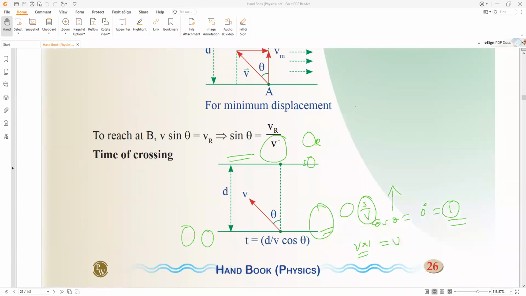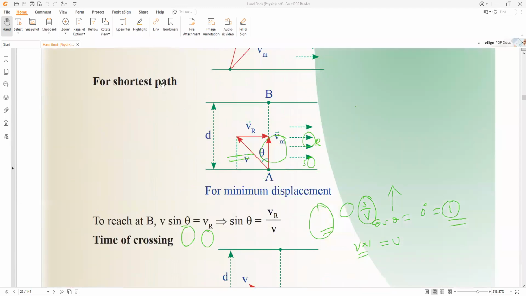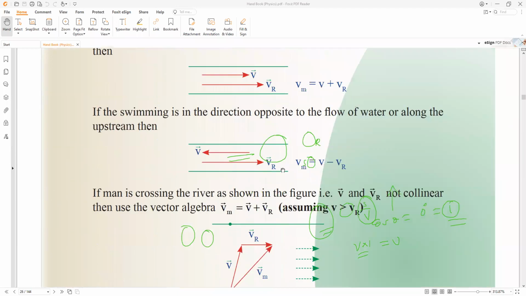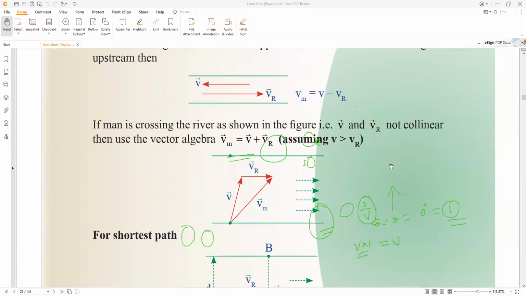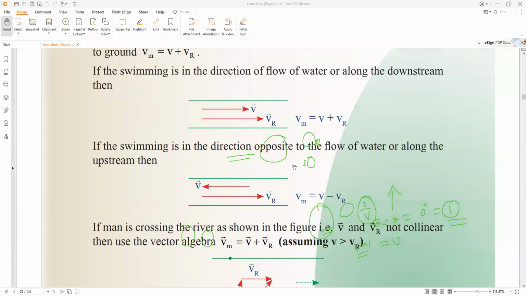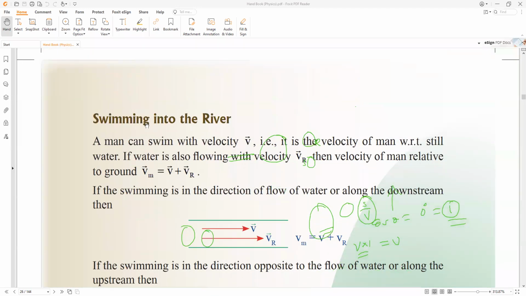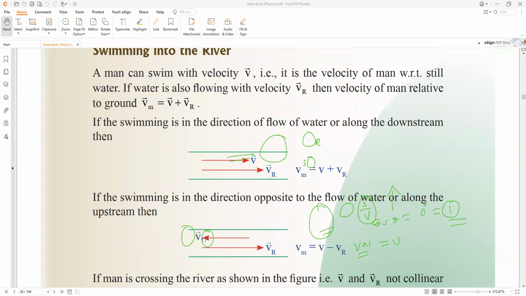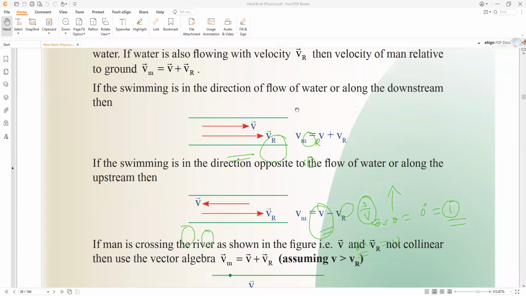So VR by VS, swimmer, that is sin theta. Time taken to cross the shortest path, VR by V. Everything they have mentioned, either moving with greater speed, assuming V is greater than VR, and next, V is less than VR. Same direction swimming, opposite direction swimming. Everything they mentioned very clearly.